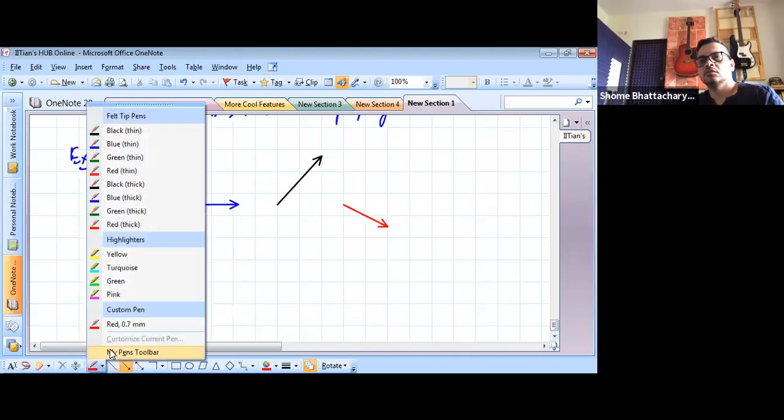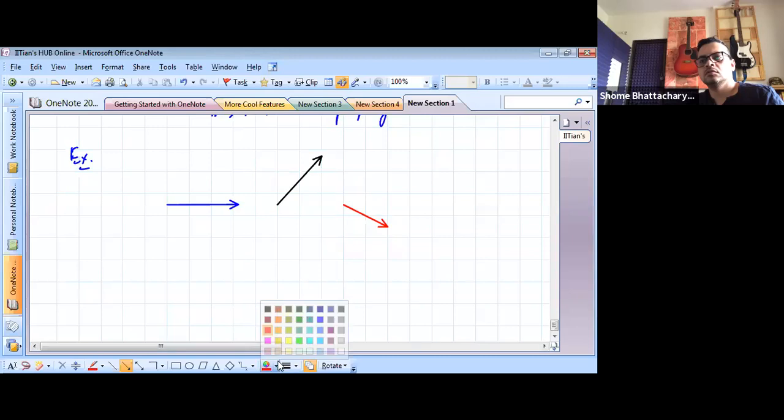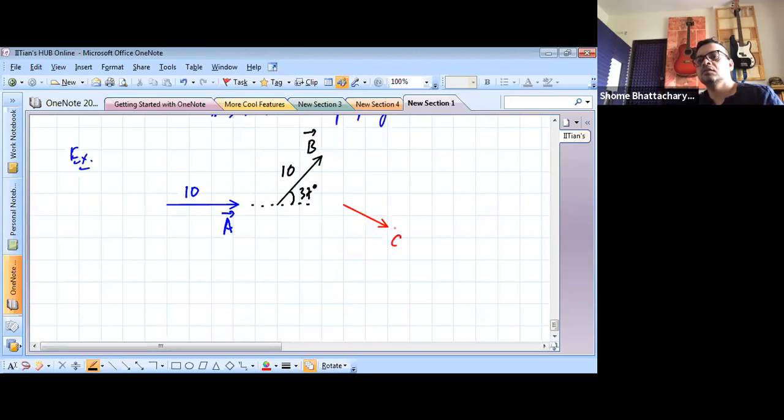Suppose we have three vectors, A like this, which is 10 in magnitude, B like this, which is, let's say, again 10 in magnitude, but such that this angle is 37 degrees, okay, and C, which is, let's say, 8 in magnitude, but such that this angle is 30 degrees.